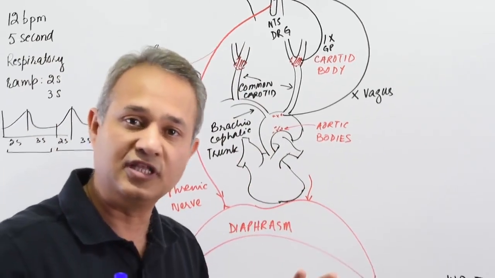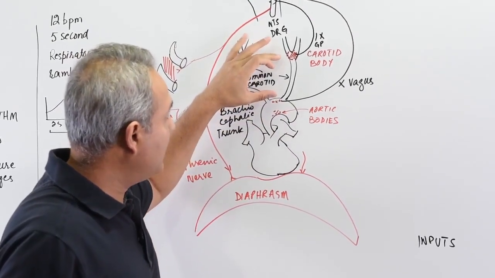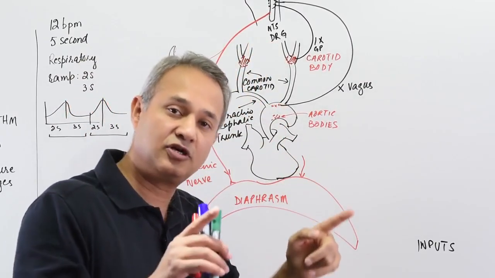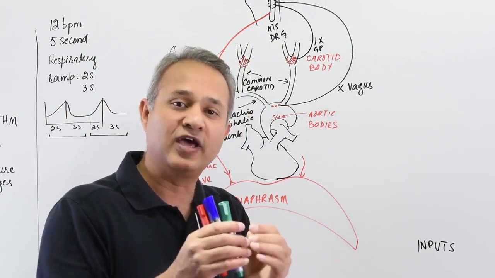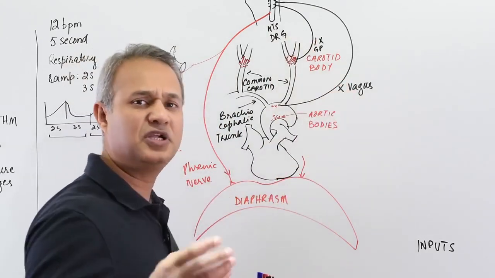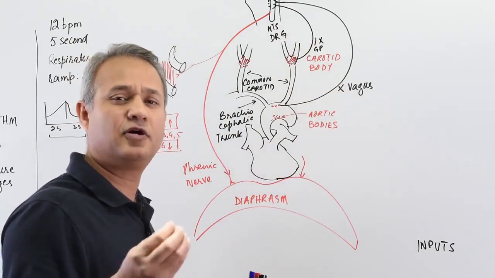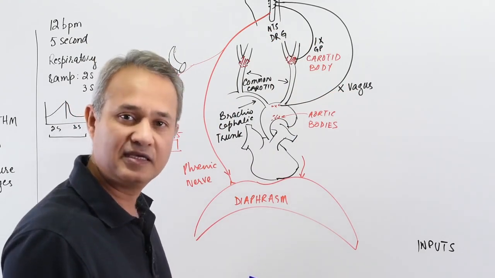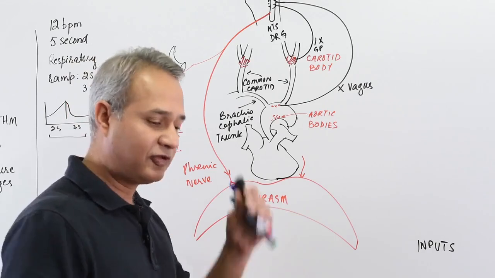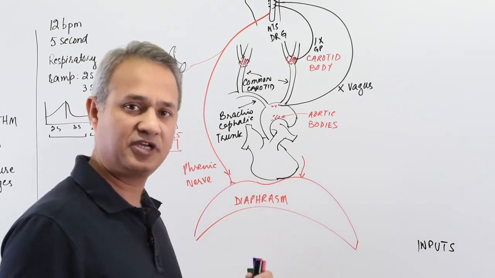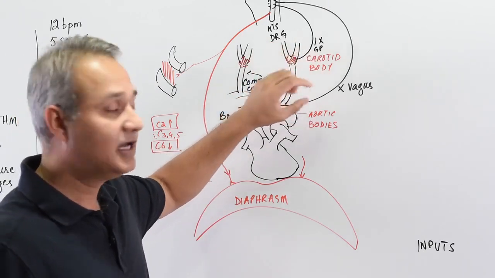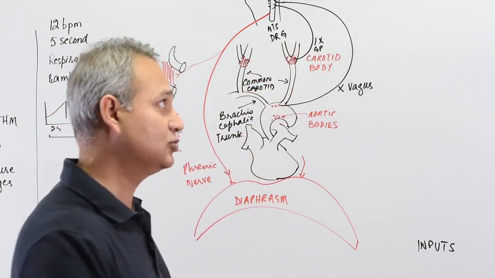During quiet breathing, the effect of peripheral chemoreceptors, which sense pressure of oxygen, is very little. It is negligible, meaning if you cut it down, the breathing rate would change a little bit, maybe from 12 it will come down to 10, but not a significant effect during quiet breathing. But when we are exercising or when the breathing has increased for other reasons, that is when these will start taking part. Please write it down as well.